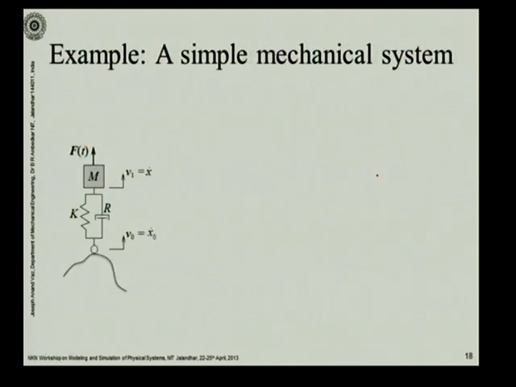Let's take another simple mechanical system, a little different from the earlier one. And in this case, we are going to see how we are going to start. We will start with the motion of this mass, taking a one junction, and this one junction is going to represent the velocity or the rate of change of displacement of this mass.